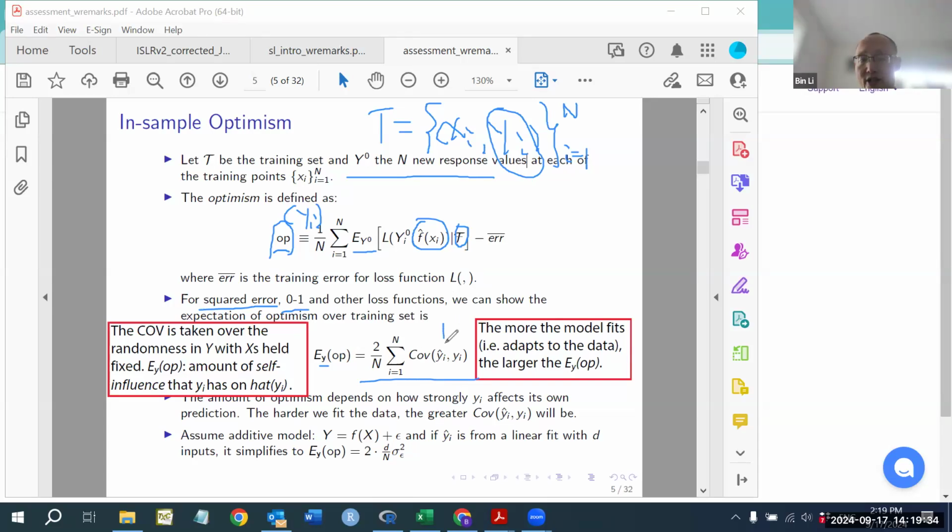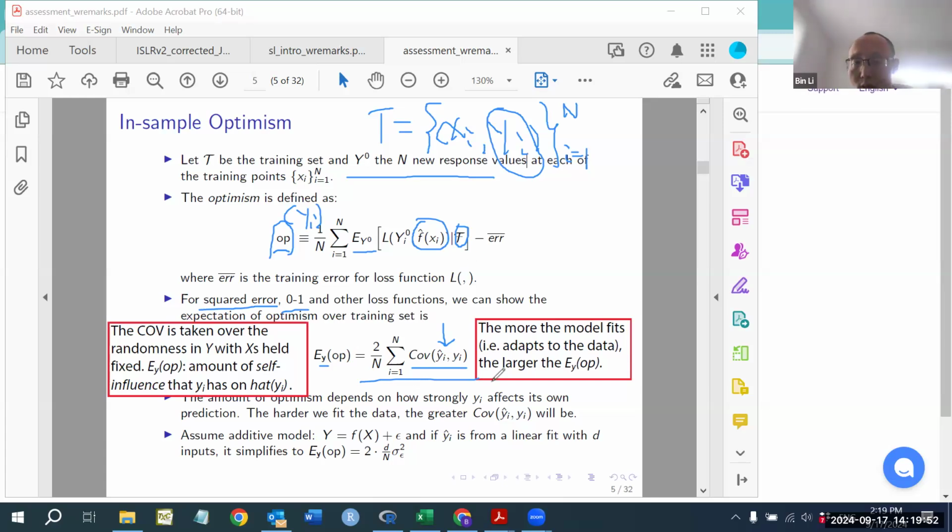So this is a quite general result. It shows the expected value of the optimism is actually related to the covariance of yi and yi hat.